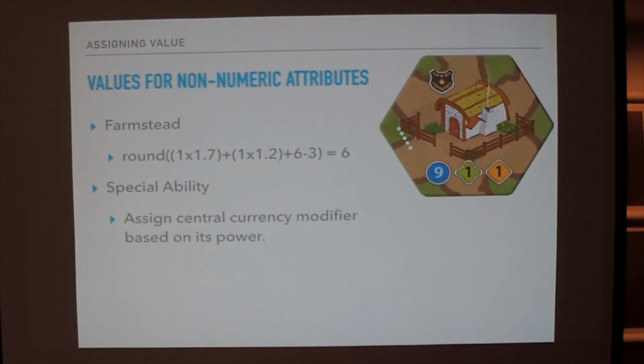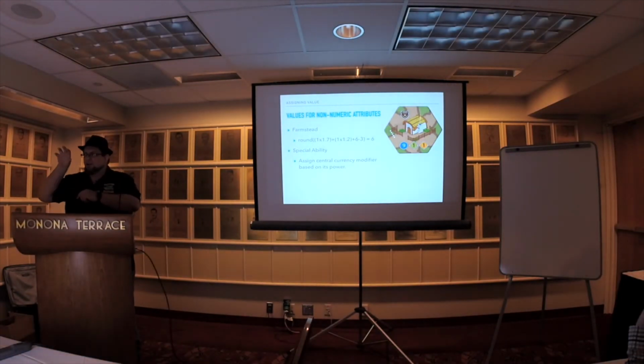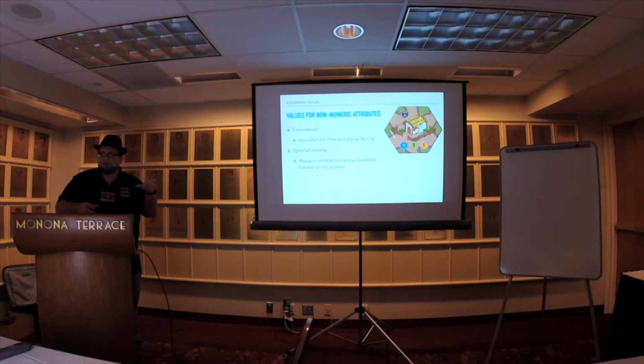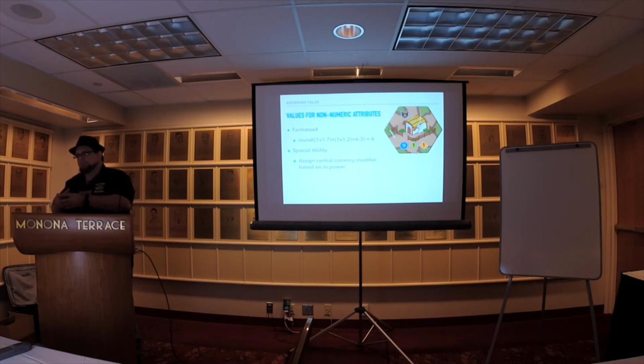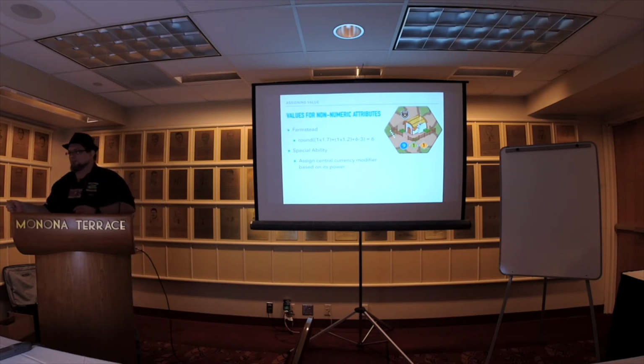Once you have a central currency model where you can compare how valuable this thing is versus that thing, now you can start to compare arbitrary things that don't have a numeric value associated with them, and you can assign a numeric value for how powerful that special ability is. Does that make sense? It's all because you had that central model to begin with, that central currency, that allows you to assign a value to this arbitrary thing.